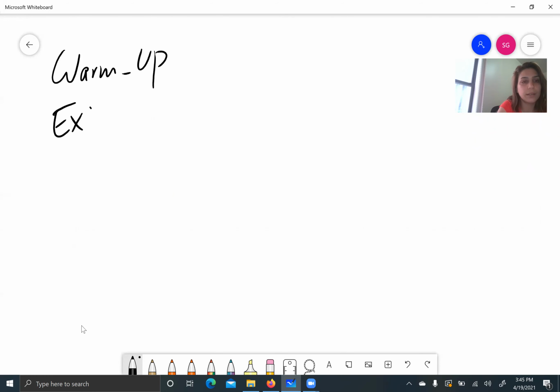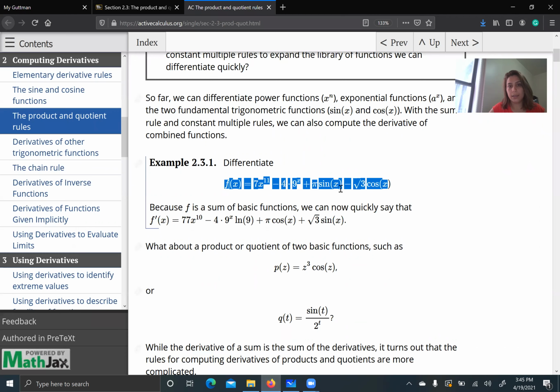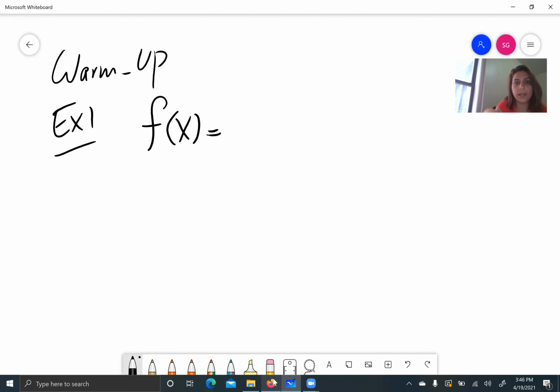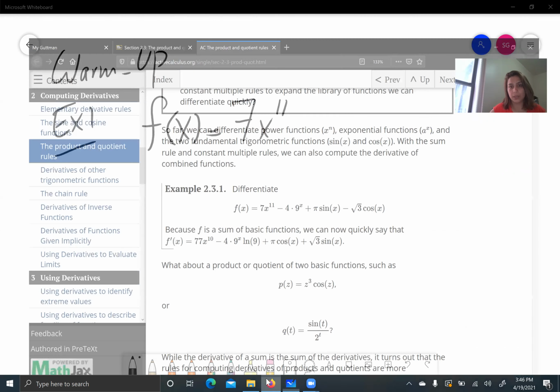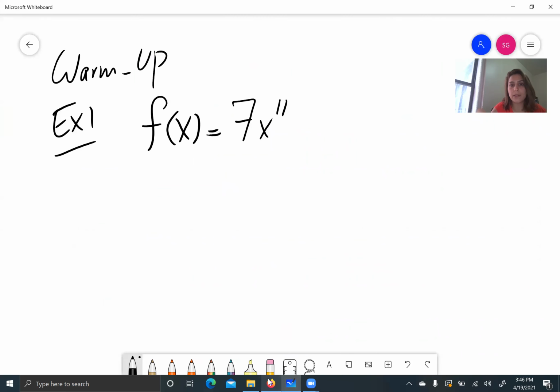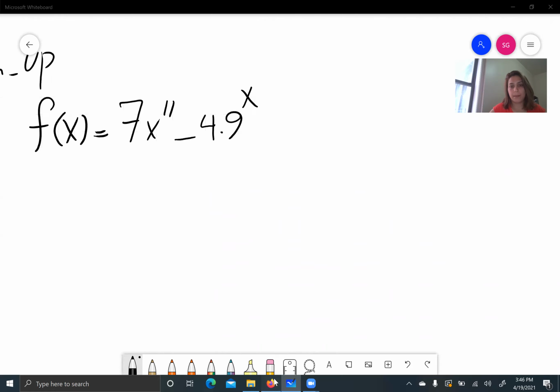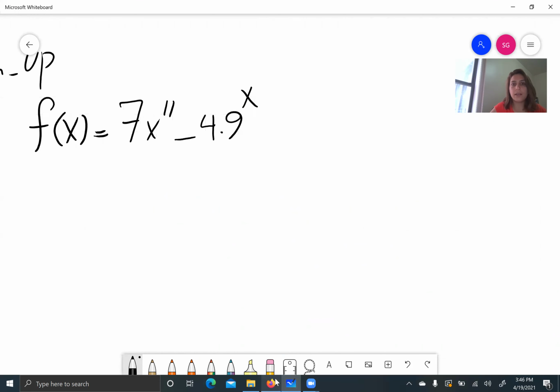Example 1, we have the function 7x to the 11 minus 4 times 9 to the power of x, plus pi sine of x.